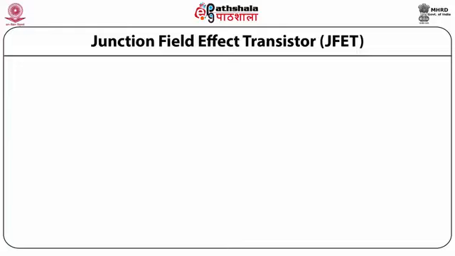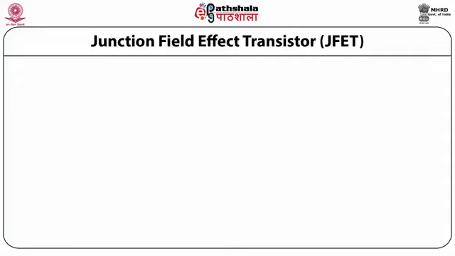So the drain current is a function of the gate to source voltage. Nowadays, JFET is obsolete. Its applications are limited to circuit designing, where it can be used as an amplifier and as a switch both.